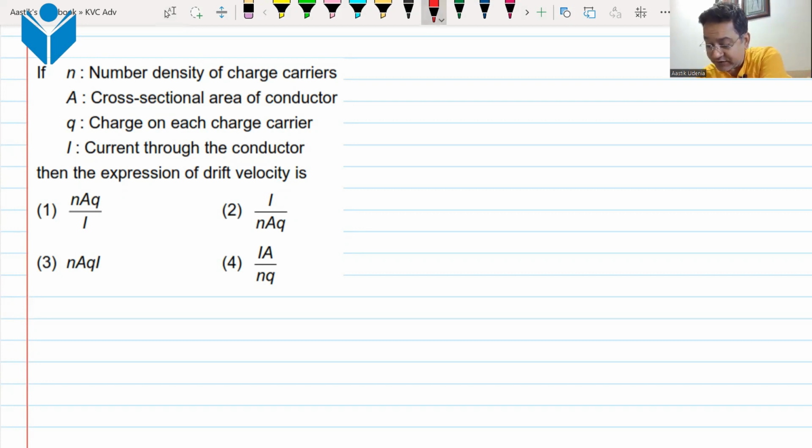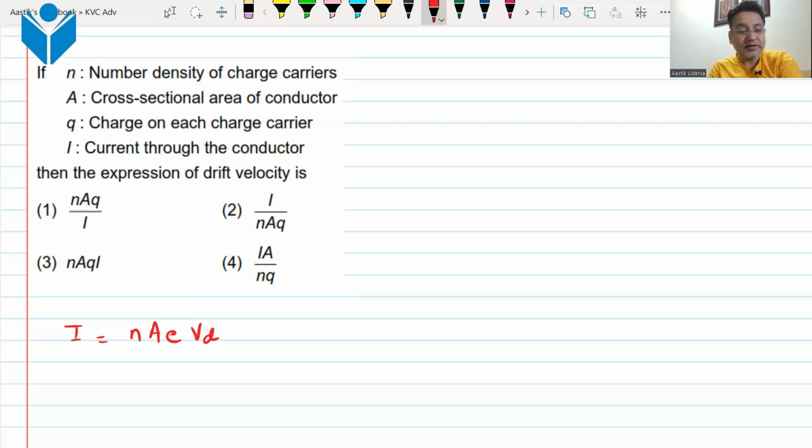I is N A e Vd. N is the number of electrons per unit volume, number density. A is the area of cross section. E is the charge of electron. Vd is the drift velocity.